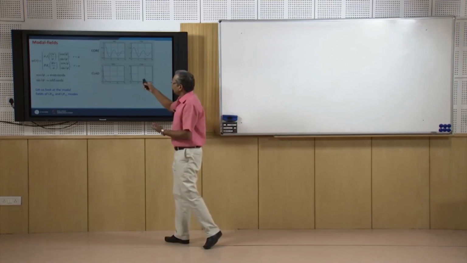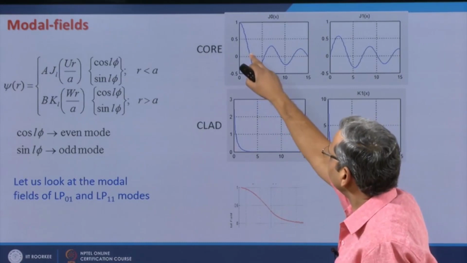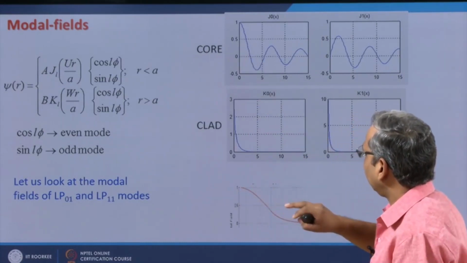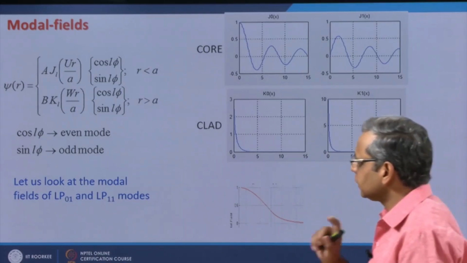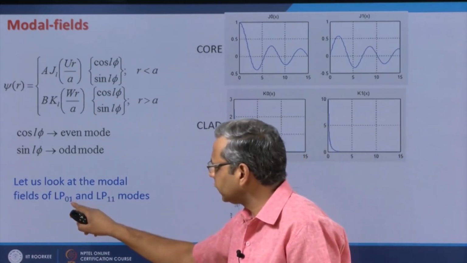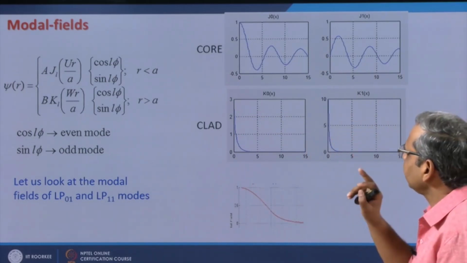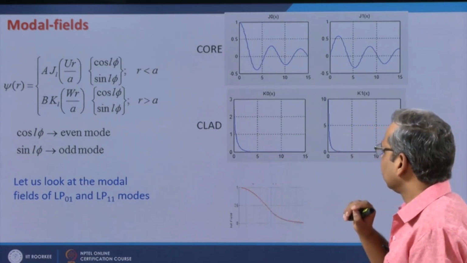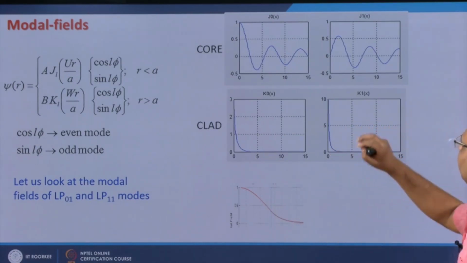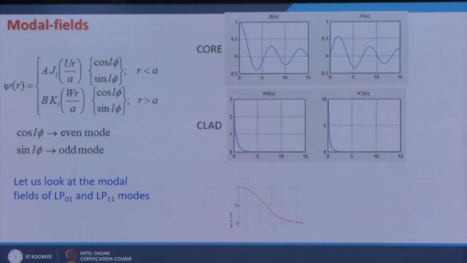When I combine these, in the core I will have this solution and in the cladding I will have this solution, and since these are the first modes of L equal to 0 and L equal to 1 respectively, I will not have any 0 in this, and I will not have any 0 in this except a 0 at R equal to 0.